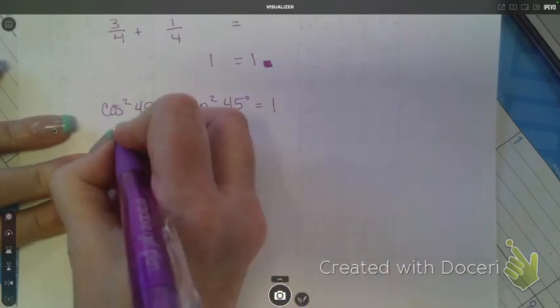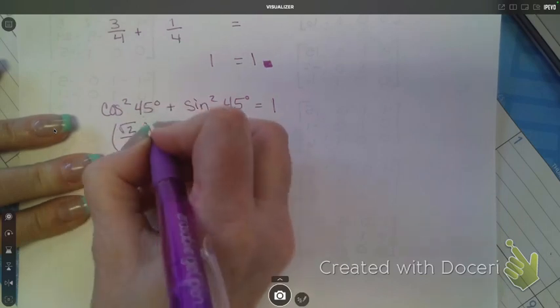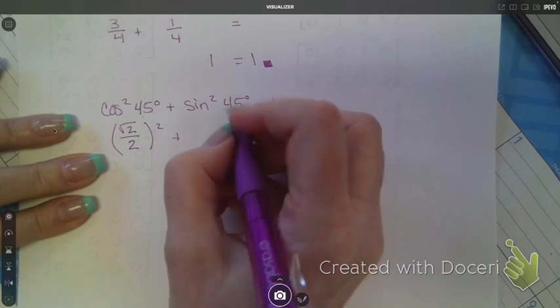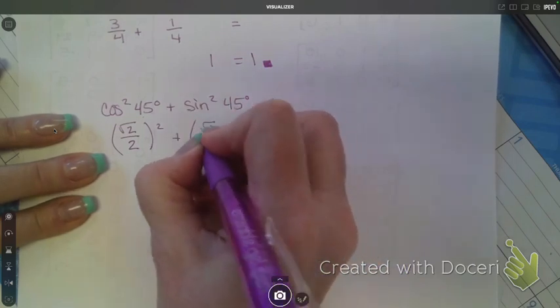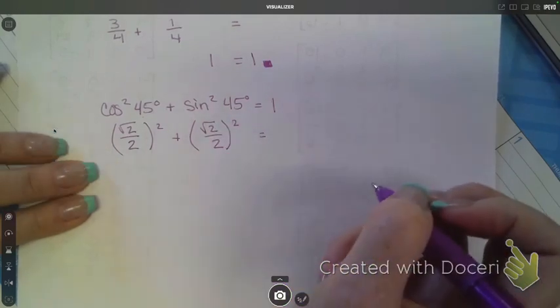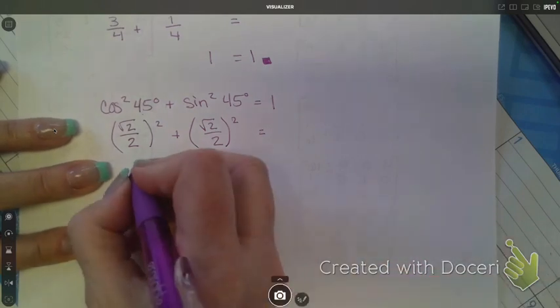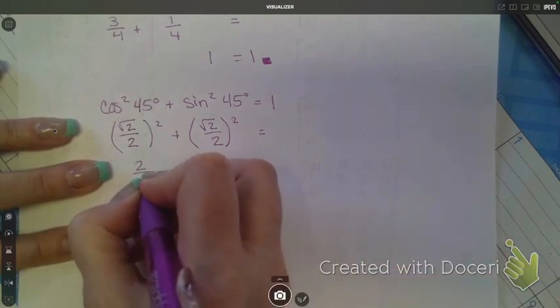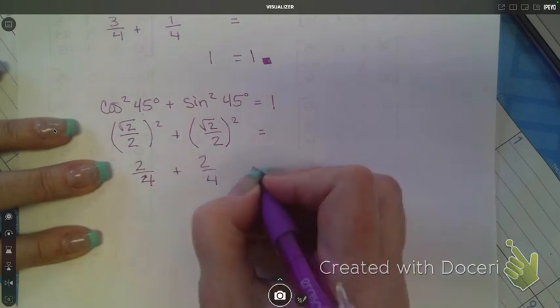Square root of 2 over 2. Plus, well, the sine of 45 is also the same thing, square root of 2 over 2. So, square it, we get what? 2 over 4 and 2 over 4, or 1/2 plus 1/2, which is 1.